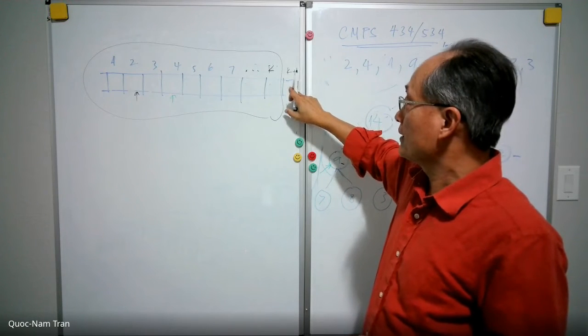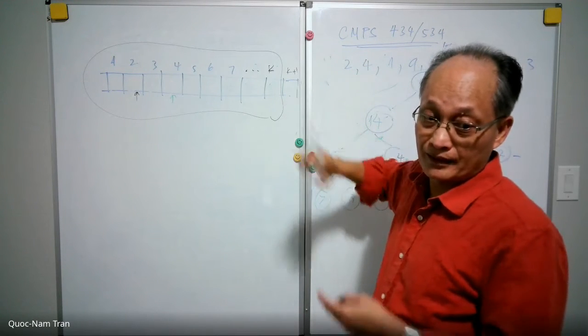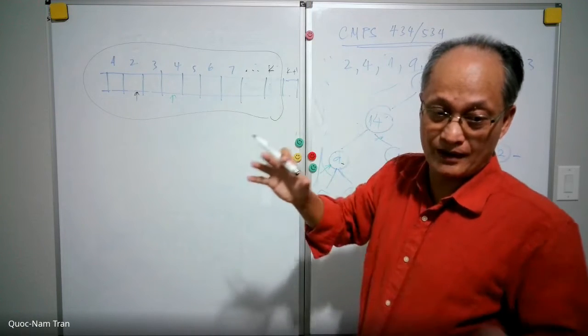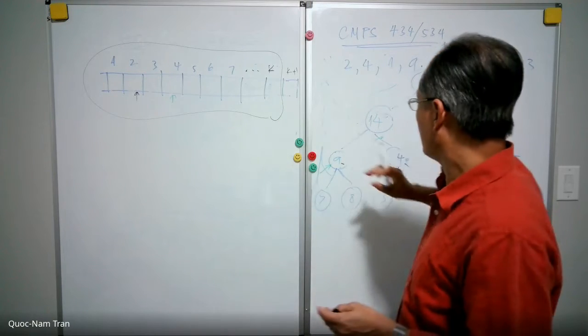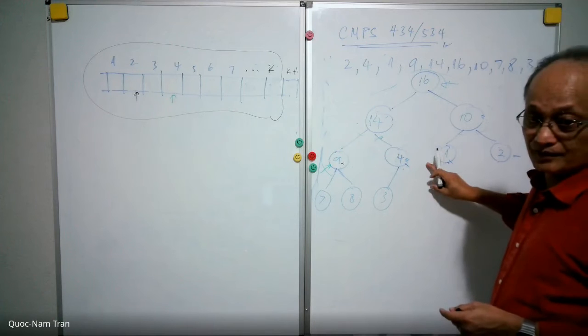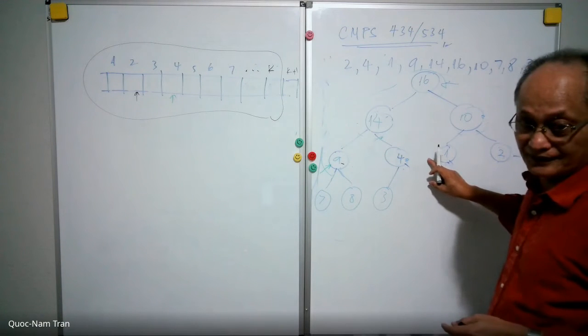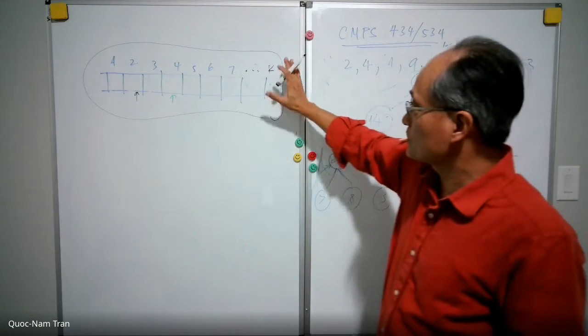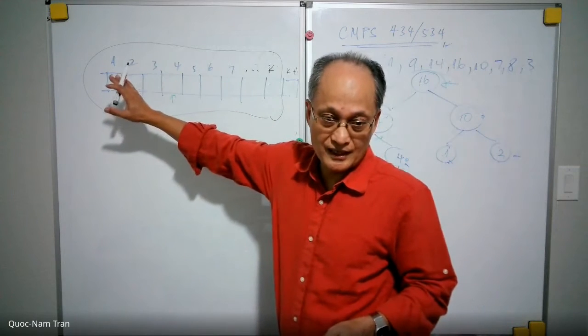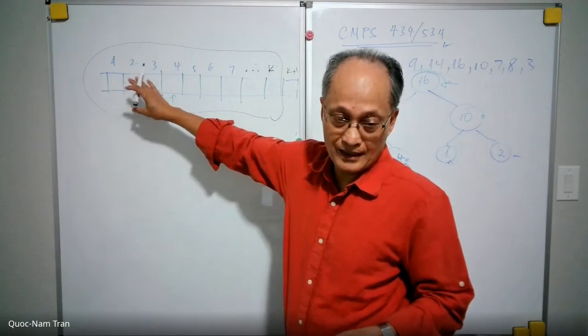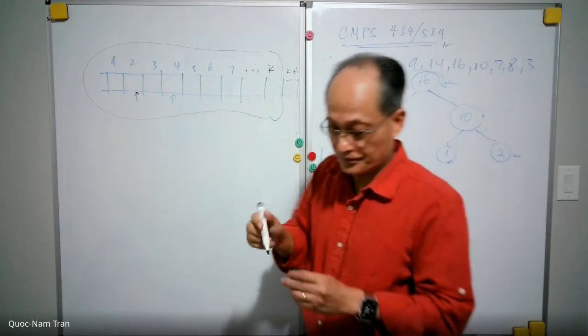So here we can go what? Reheap up, still have a heap, or reheap down here. Reheap down is a little bit different. We have to use a slightly different induction than the reheap up shown here.